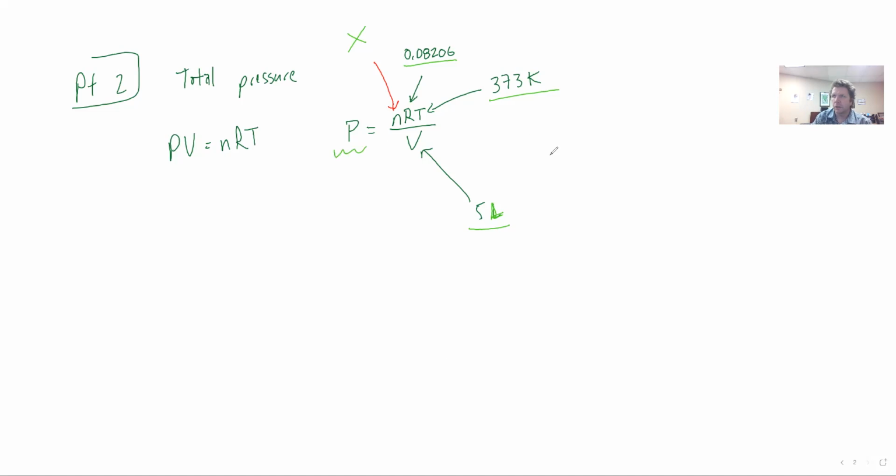Now, some of y'all might be saying, because the question does prompt you, what are the units for pressure? Well, I'll give you a little hint. Your units for your ideal gas constant are going to be liters atmospheres per moles times Kelvin.